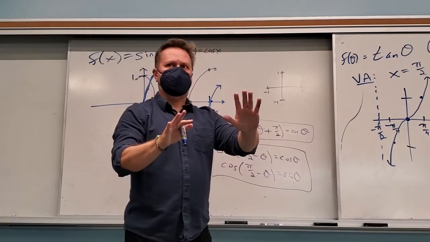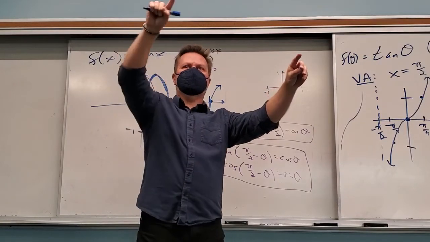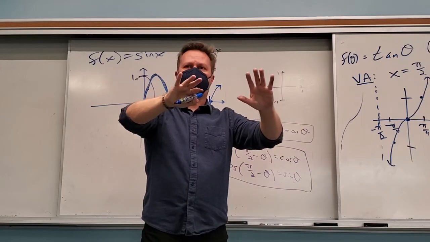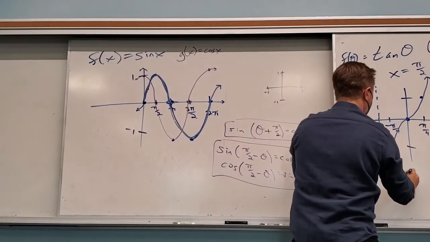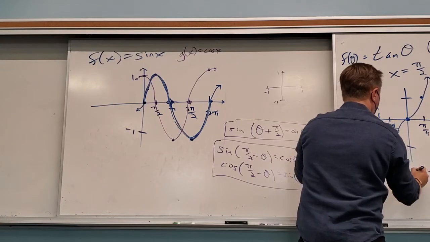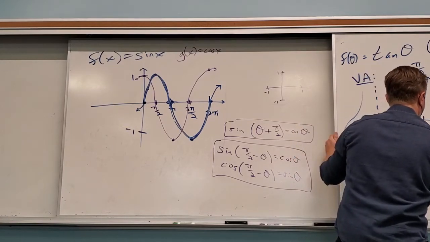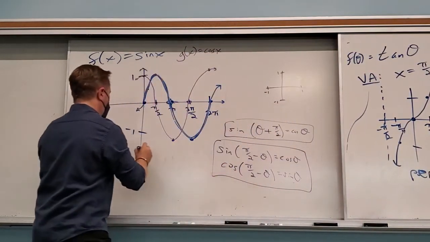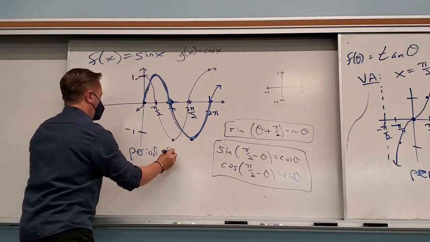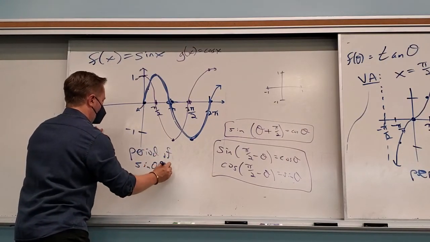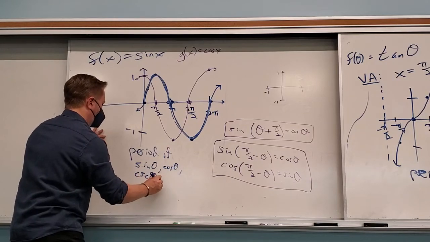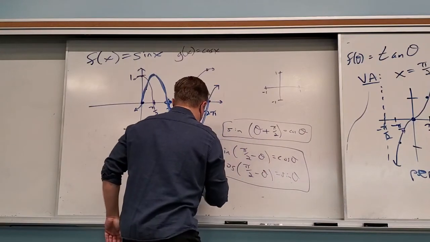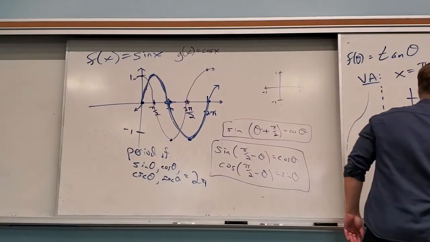The length it takes for it to get through one cycle, we call that the period. So this is the period of tangent. Period of tangent is pi, and the period of sine, cosine, cosecant, and secant is 2 pi. So the period of tangent and cotangent is pi.